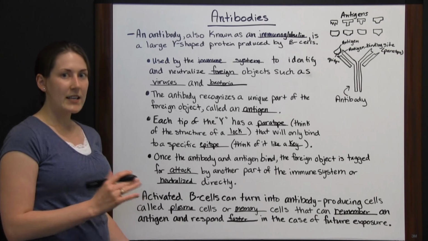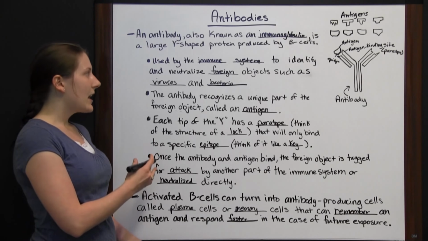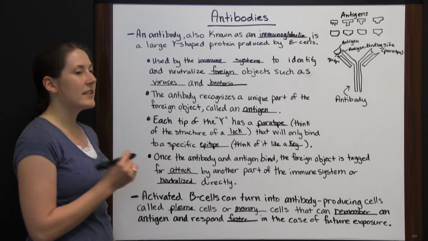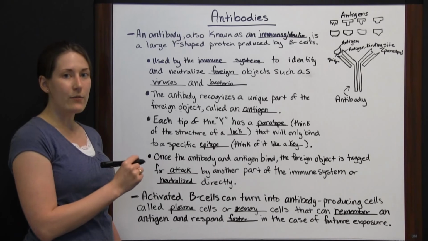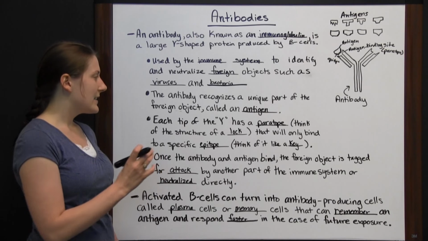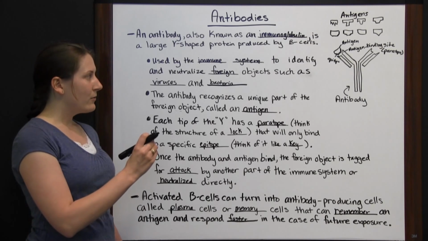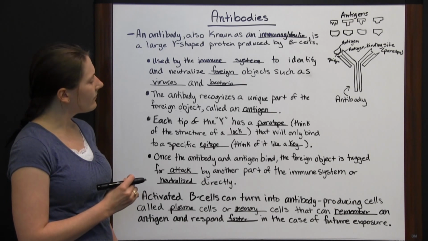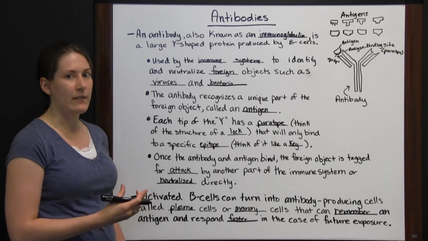Remember the difference between antibody and antigen. The antibody is what is fighting the foreign object. The antigen is that specific part on the foreign object that has to be bound to be able to attack that foreign object and get rid of it.